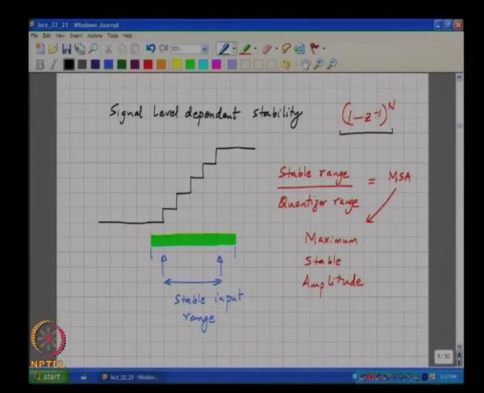I go on increasing the input, eventually the amplitude will become large enough that it exceeds the maximum stable amplitude, then the loop becomes unstable, and therefore the state variables inside the loop, which basically are the voltage levels, or the values inside L of z, start to blow up. Then I immediately sense something is wrong and make the input 0, which is clearly within the quantizer range. Now the question is, what do you think happens?